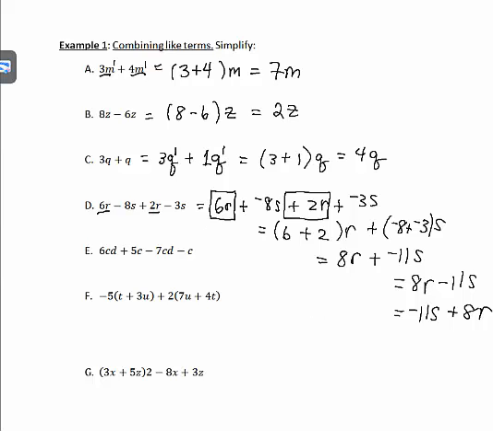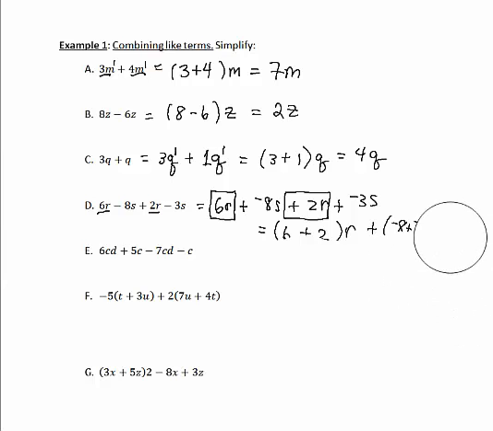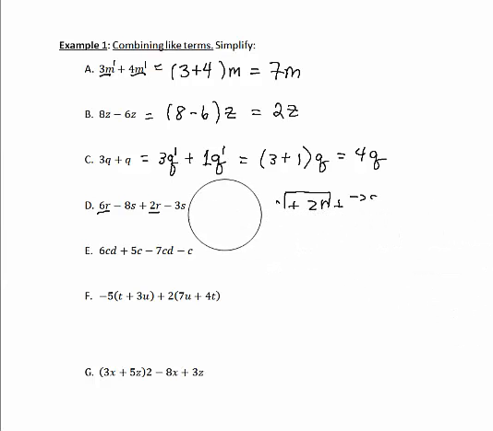So to work the next example, E, I'm going to erase some of this. E, similar situation to D. Here we see that 6CD in this expression only has one other like term, minus 7CD, and then the remaining two terms, plus 5C and minus C, are like as well.